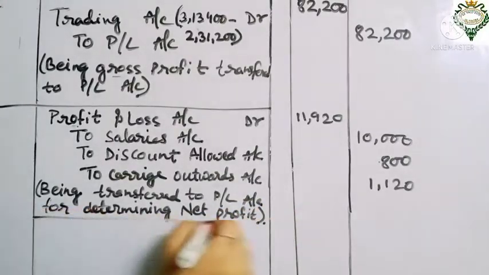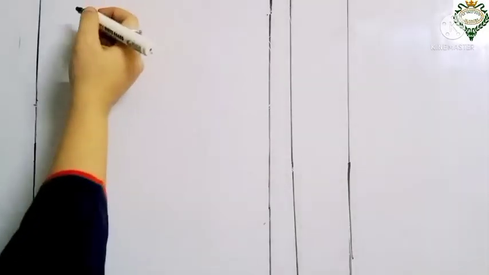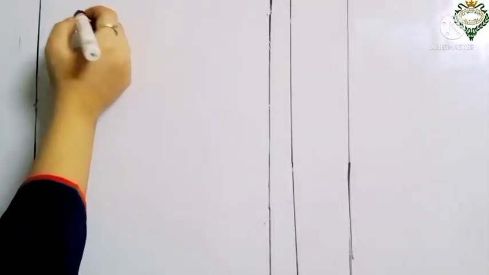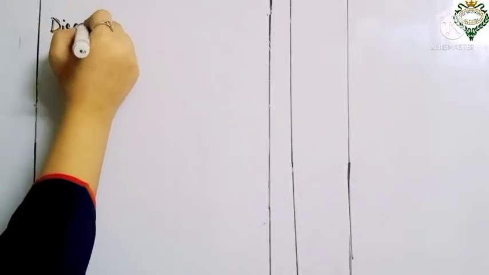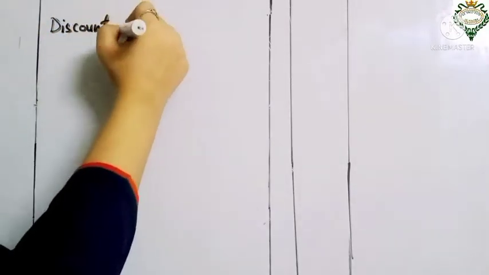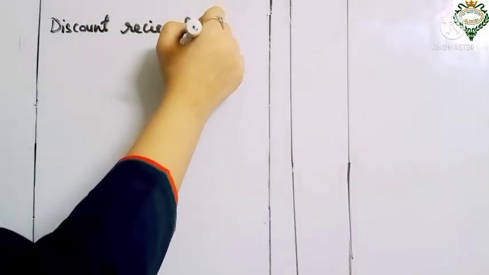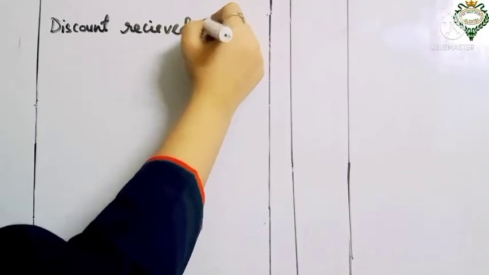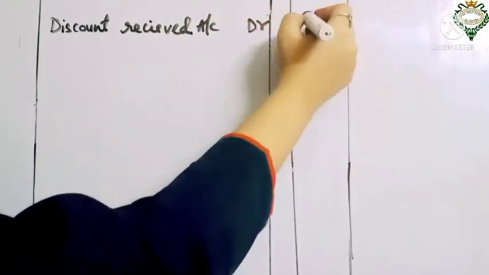Okay. Now the next that we have to transfer to profit and loss, the income, okay. Now the next thing that we have to transfer to profit and loss account will be discount received, okay. Discount received is a kind of income, so we have to record at the debit, okay. Discount received is for 8,000.